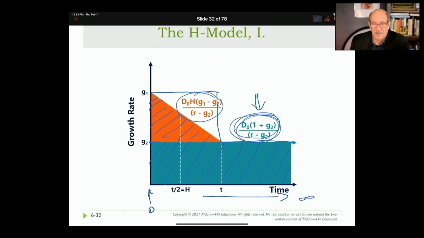That's a step function. Let's try to model this more realistically. Let's make it a linear transformation from the high rate down to the lower long-term rate. If we have a negative growth rate, you would see that orange box actually subtracting value here, and it would come up this way. But this example is assuming a supernormal G1, a much higher G1 rate.